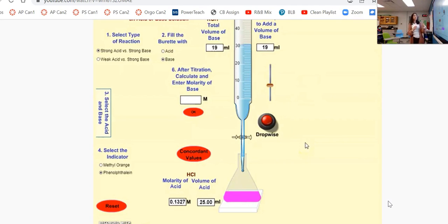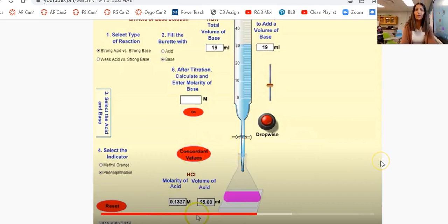Then you can calculate your base simply by doing this. Let me pause the video here. You know the molarity of your acid, and you know the volume of your acid. That hasn't changed. It was 25 mL. People will say, but remember how we said M1V1 over V2 to find your new molarity?